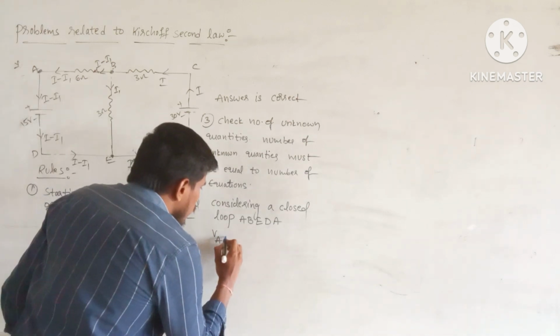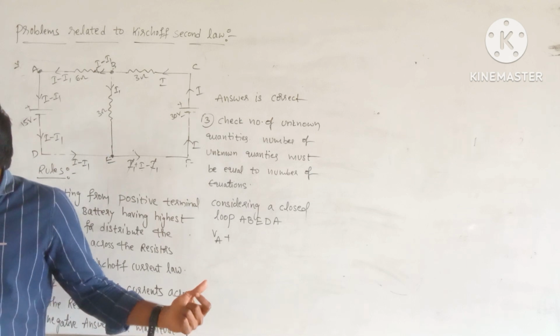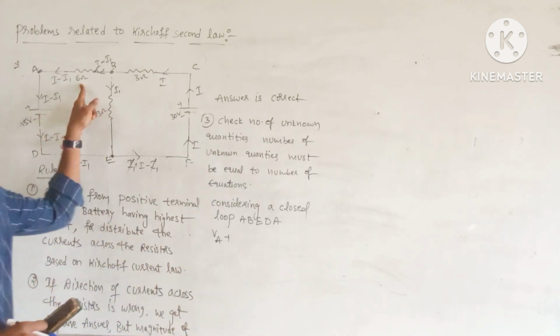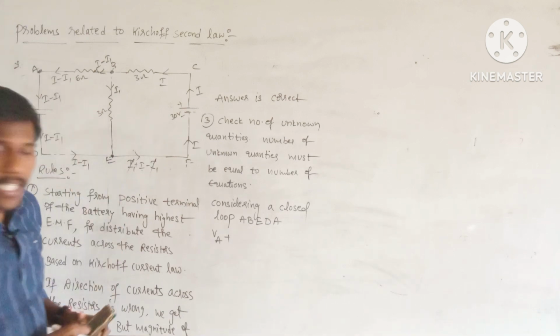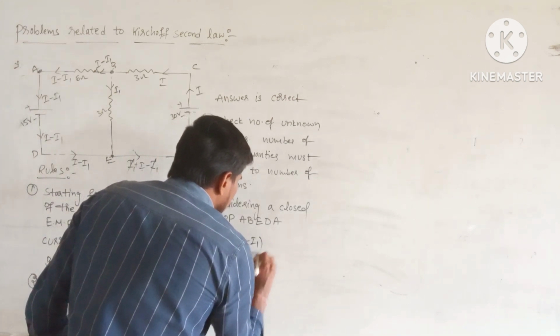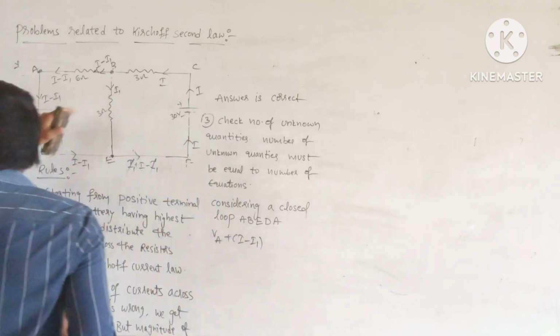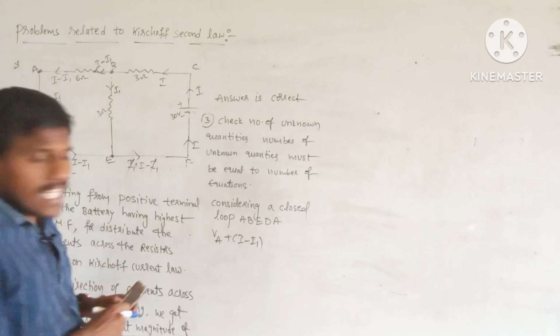Okay. So VA plus IR. But here through the 6 ohm resistor, what current is flowing? I minus I1 current should be flowing. So VA plus I minus I1 into, what is the value of resistance? 6.